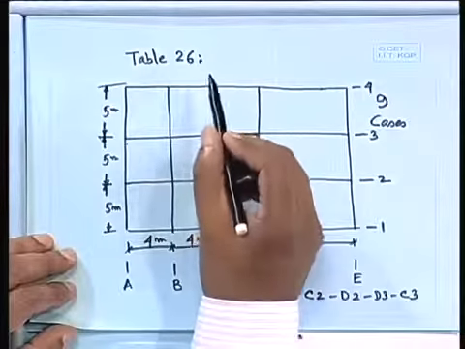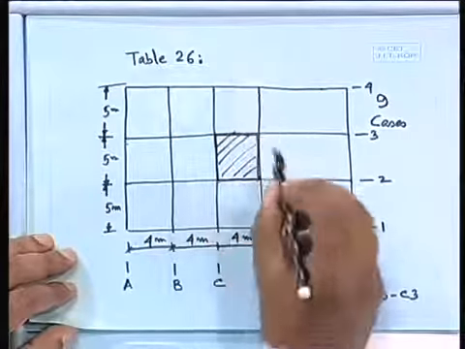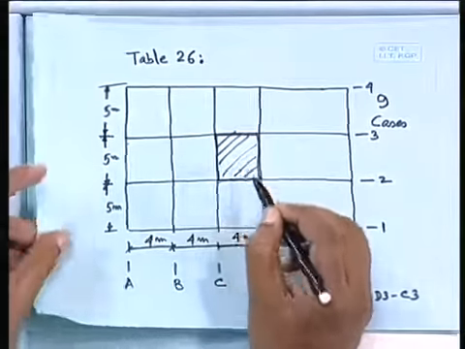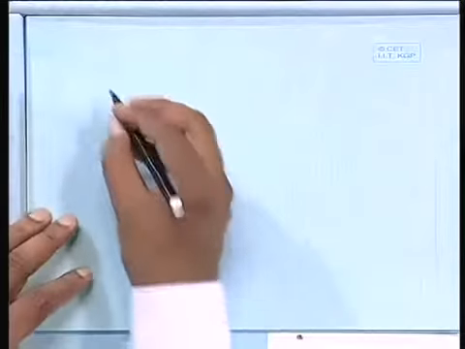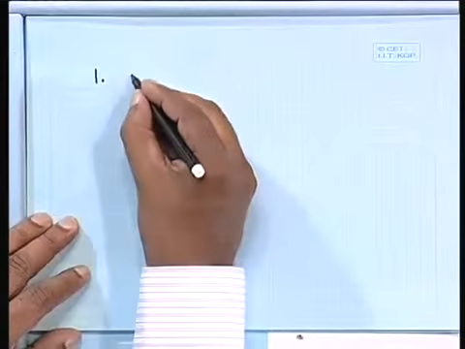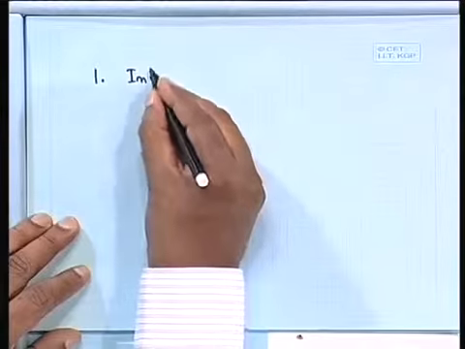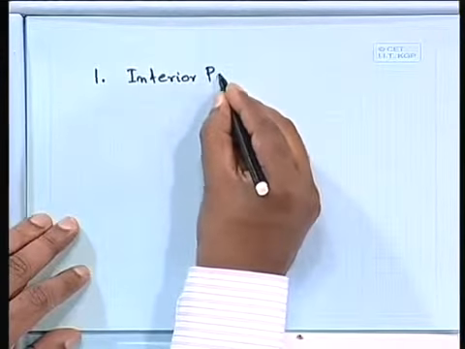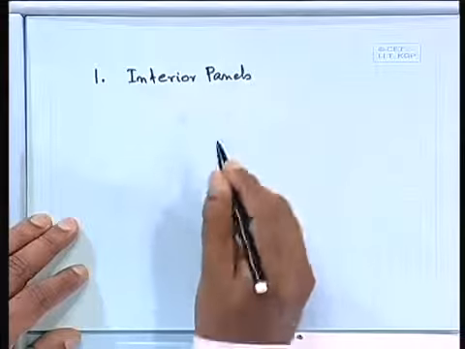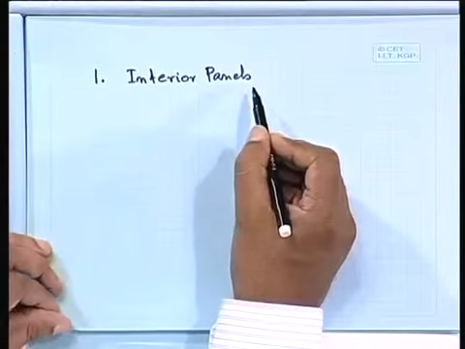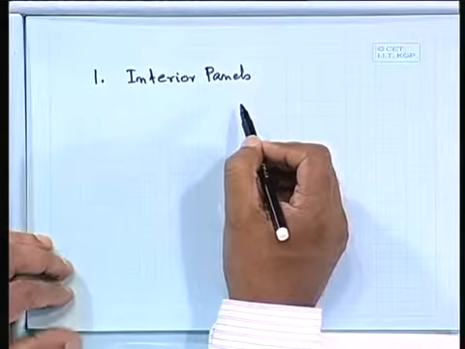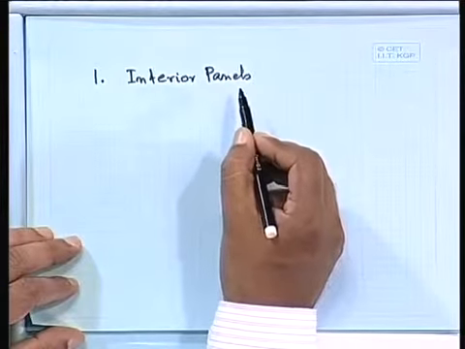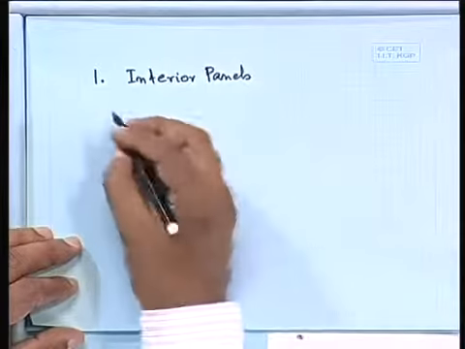Here we have the first case, that is interior panels. So I can write this as case 1, interior panels. For interior panels, depending on Ly by Lx, we can find different values of alpha x and alpha y in support as well as in span.